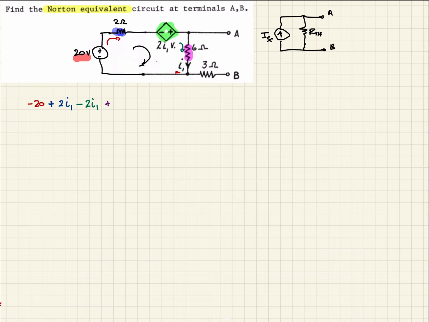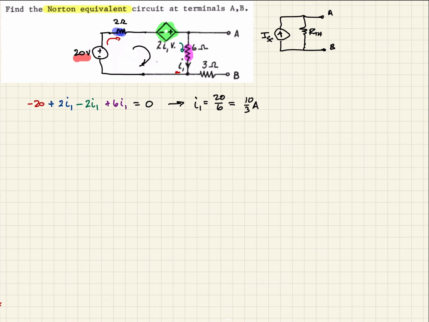That's going to be plus 6I1. And that closes our loop, so then we should be able to set that all equal to 0. And so in this case, we have one equation with one unknown. And so as we combine like terms and divide things out, we should see that I1 is equal to 20 over 6. And so this is going to be 10 over 3 amps.